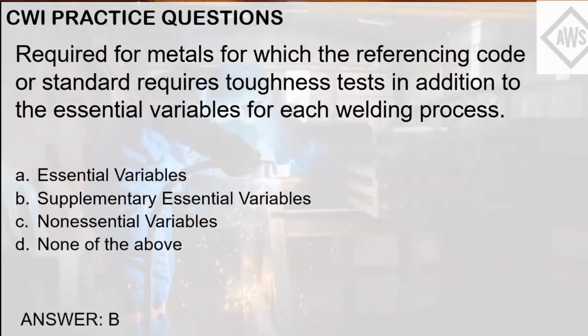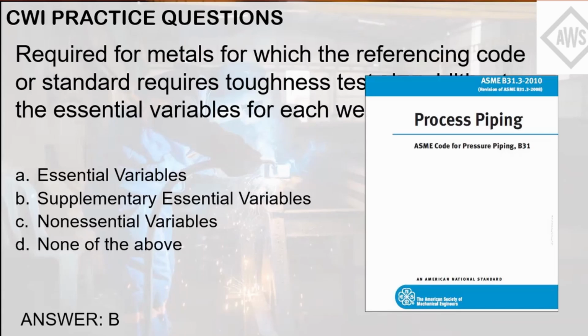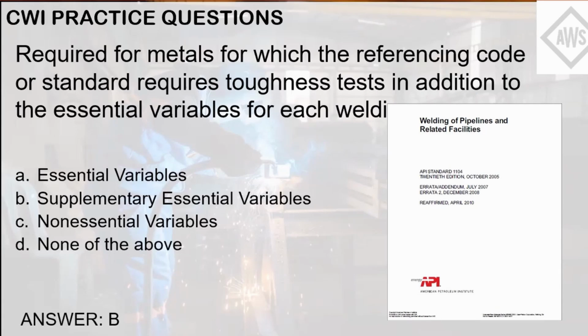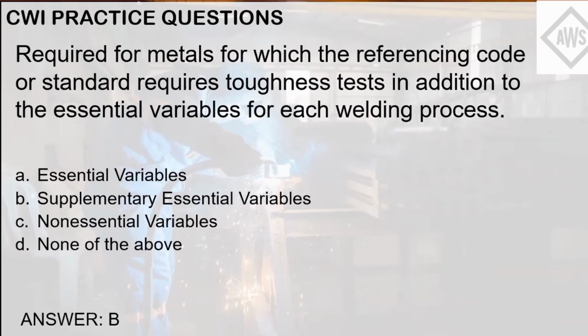These supplementary essential variables will become essential if toughness tests are required. For example, if you are looking into codes such as ASME B31.3, API 1104, or ASME 9, depending on what construction codes you are in. If toughness tests are required, or if the ductile to brittle transition temperature of the metal has been reached, you need to address the supplementary essential variables.